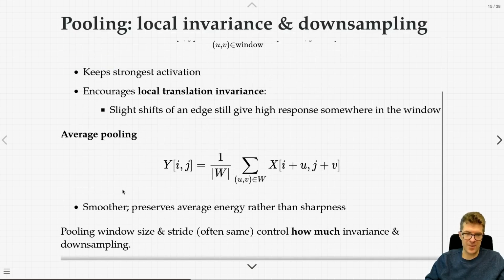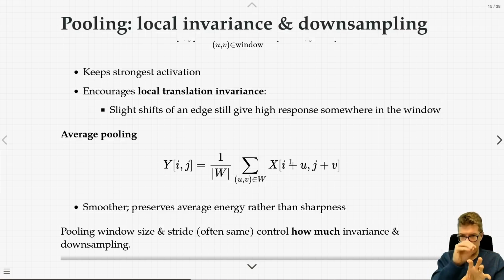Average pooling, as the name suggests, is just an average over all of these applications. So for every u and v in your filter W, you have your X and all your shifts, u and v. You'll basically get the average of all of these, and this is going to be your output Y. This is smooth. It'll preserve averages, and as the name suggests, it will smooth things out because of averaging, and it'll reduce sharpness, which sometimes can be a good thing.